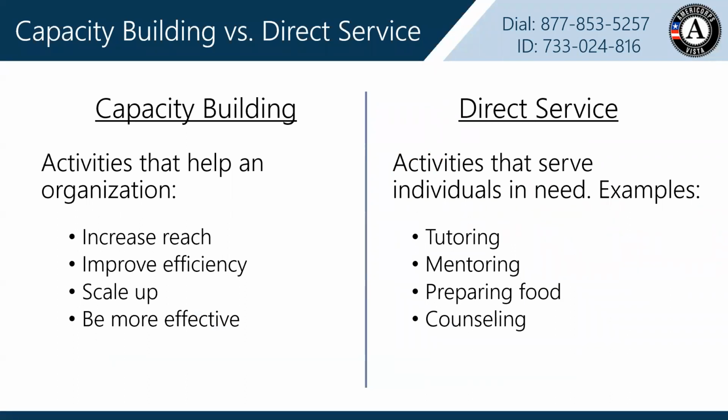Since some of us may not fully understand what we mean by capacity building, let's focus on that particular part that's on the left-hand side. Capacity building, in essence, is about helping your organization do more with what they have so they can serve more people or operate more efficiently. It's the tools and processes I just mentioned.